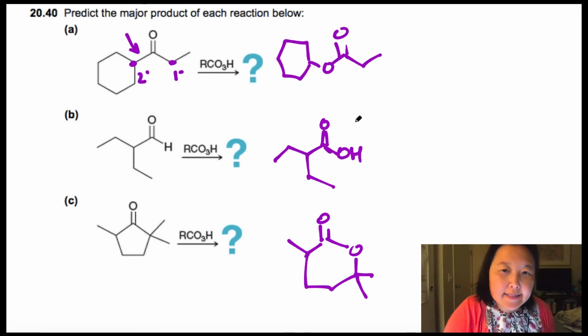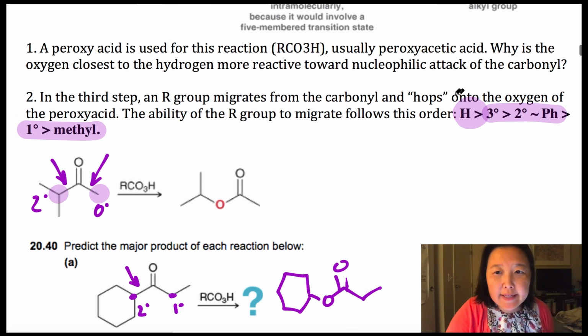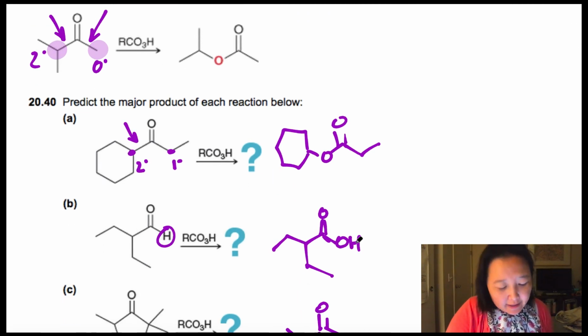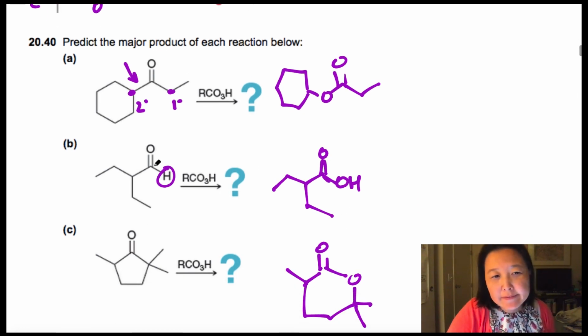All right, guys, so these are pretty straightforward. Remember, H is a really good migrator, and not only is it easy to migrate, but you generate a carboxylic acid, which of course is resonance stabilized here. And also, if you remember, PCC oxidizes a primary alcohol to an aldehyde, but other oxidizing agents oxidize all the way to carboxylic acid.